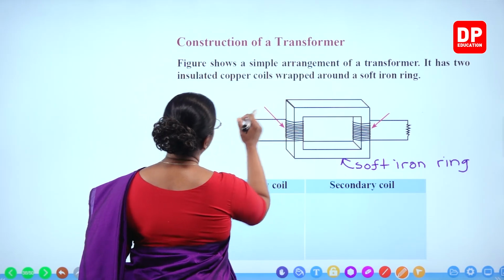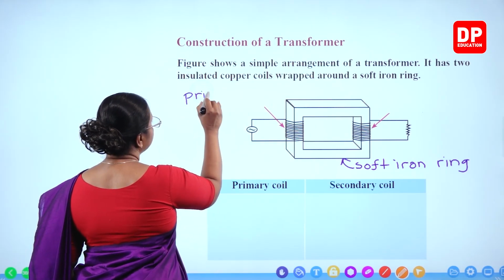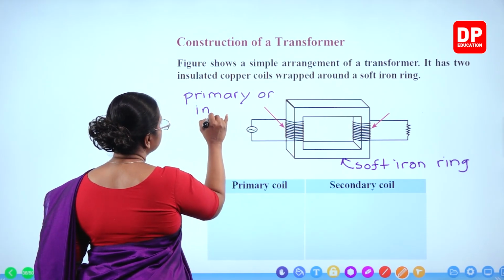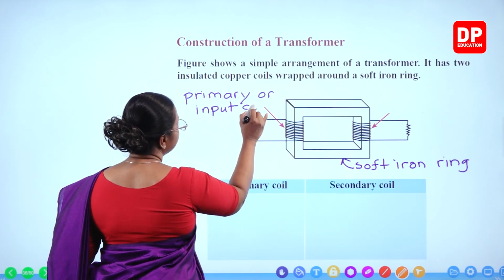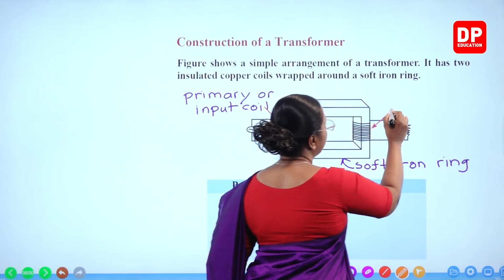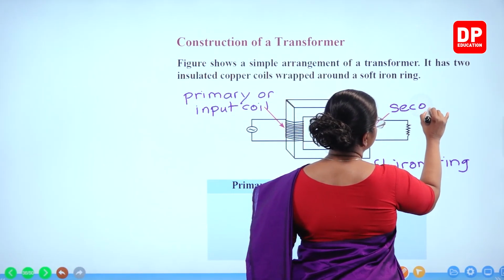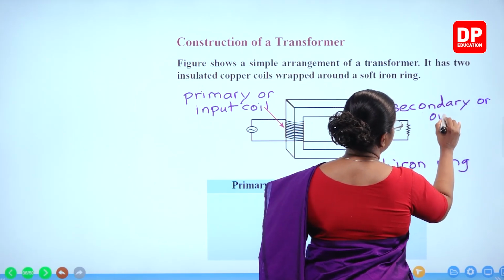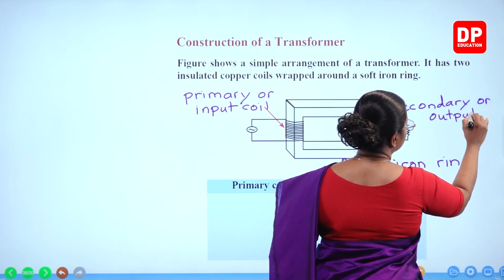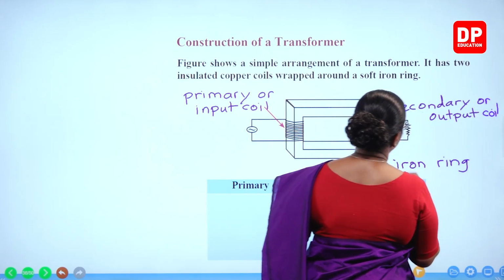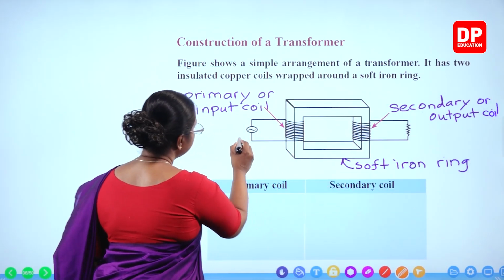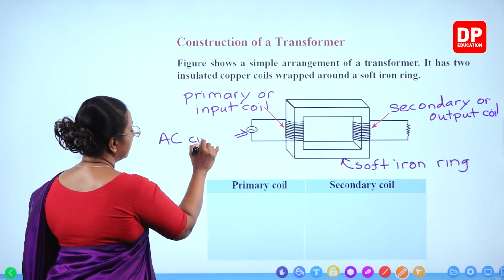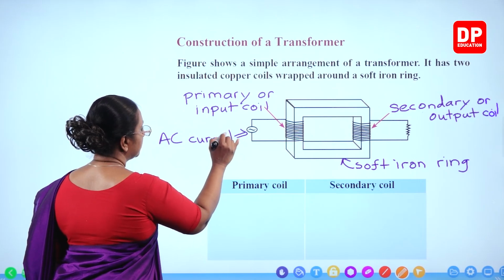Then you have the primary or input coil. And here you have the secondary or output coil. Then here you can see this is an alternating AC current source.